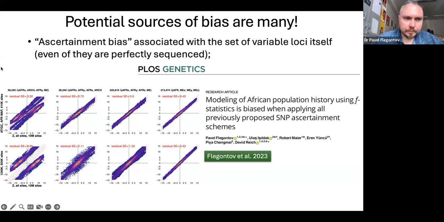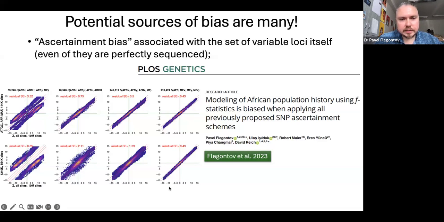So here I'm just showing examples of 4 classes of F4 statistics on real data on 2 sets of sites.